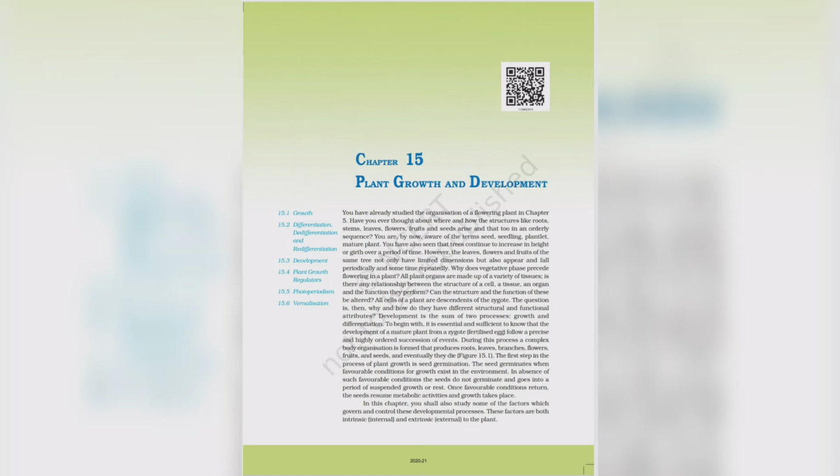15.2 Dedifferentiation and redifferentiation. The cells derived from root apical and shoot apical meristems and cambium differentiate and mature to perform specific functions. This act leading to maturation is termed differentiation. During differentiation, cells undergo few to major structural changes both in their cell walls and protoplasm.